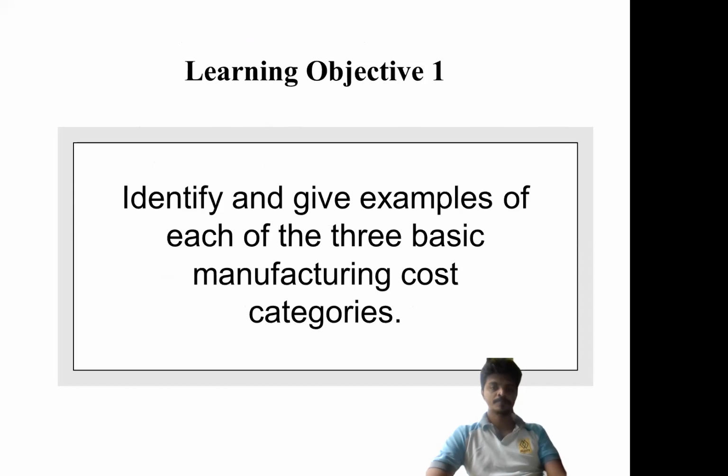Here the first objective of this session will be to identify and give examples of each of the three basic manufacturing cost categories. At the end of this session, you may be able to identify the main cost components of a product, as well as give certain examples.